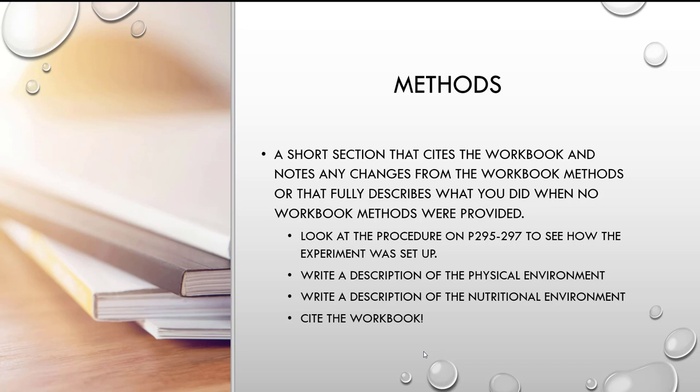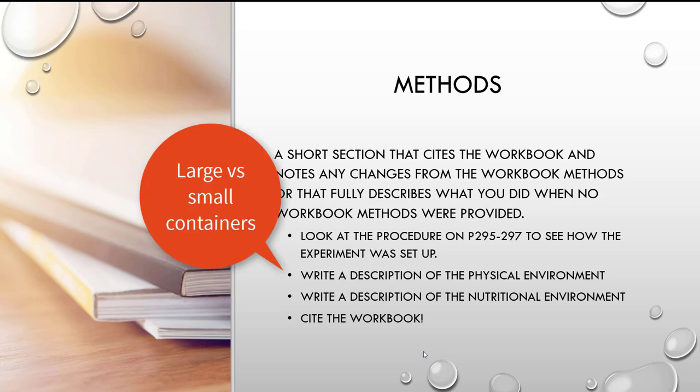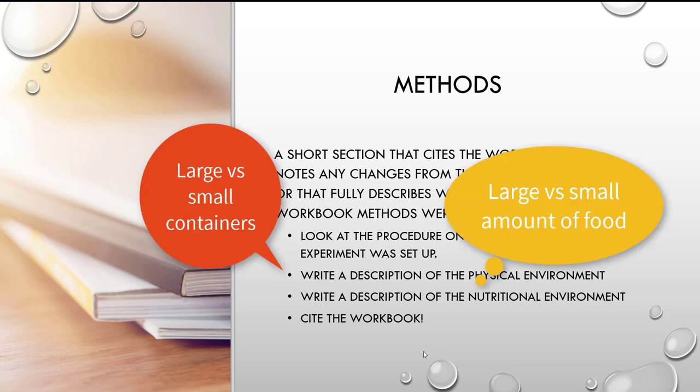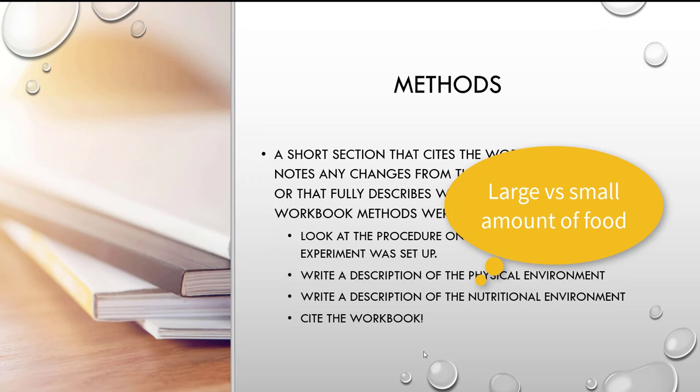You want a written description of the physical environment, so the space part of it, and the nutritional environment. How did they do the food part of it, and how did they do the space part of it? What was the difference between the large and the small container, and what was the difference between the large amount of food versus the small amount of food?